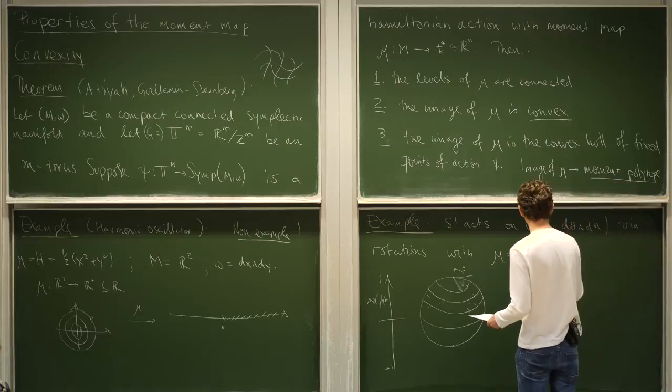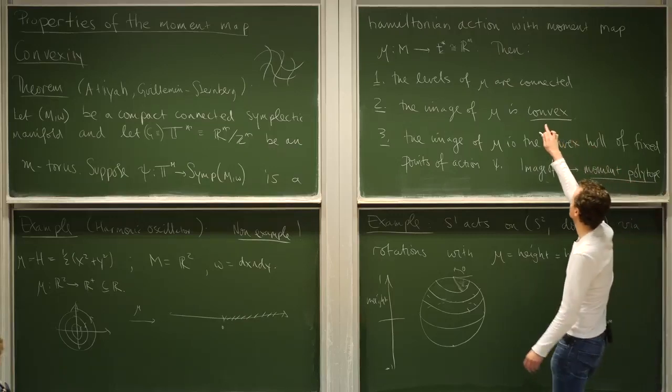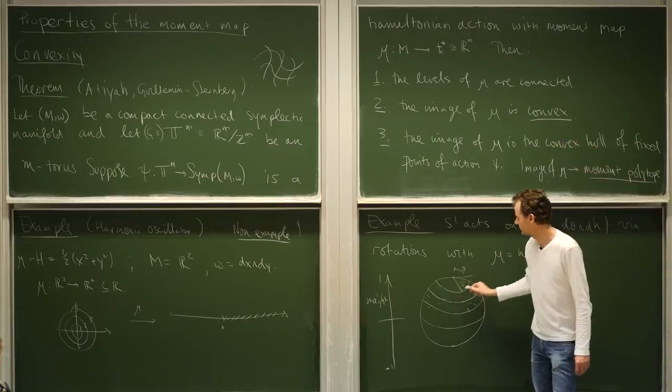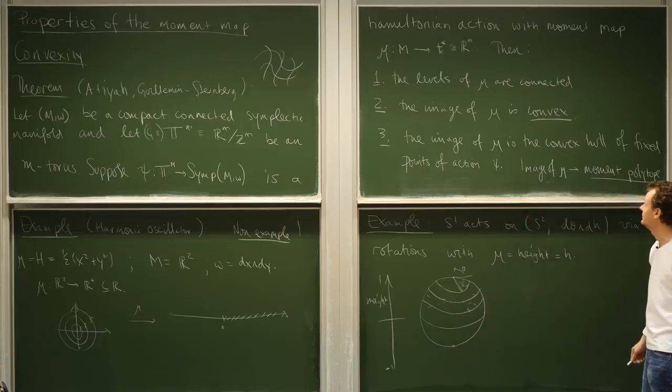And the moment map is just the height. So let's check. Are the levels of mu connected? Well, again, they're circles, right? So yes, they're connected.